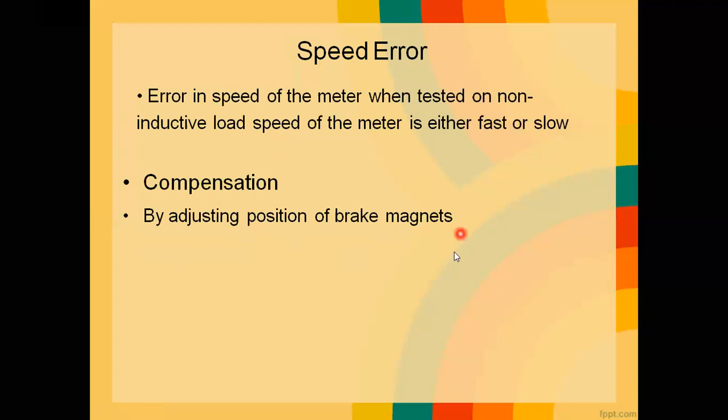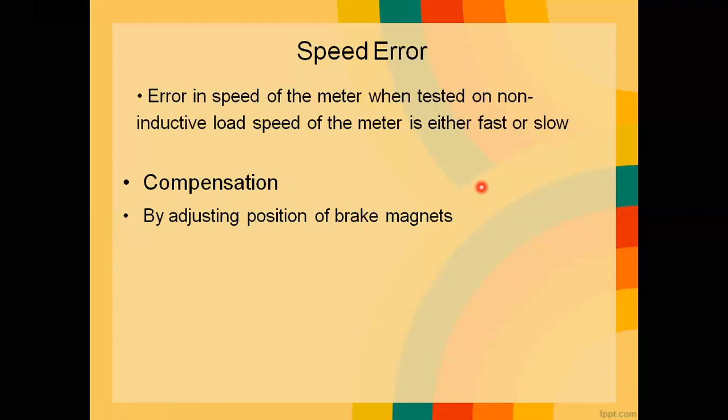We can adjust the position of the brake magnets and avoid the speed errors, because if you insert the brake magnet towards the aluminum disc, the braking torque is going to be more. The speed of rotation of the aluminum disc will get reduced.